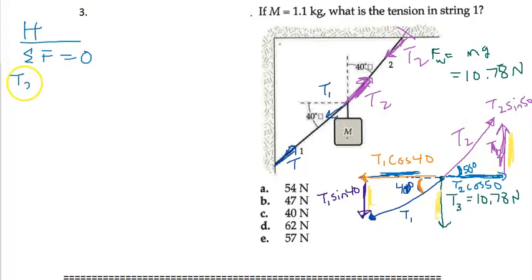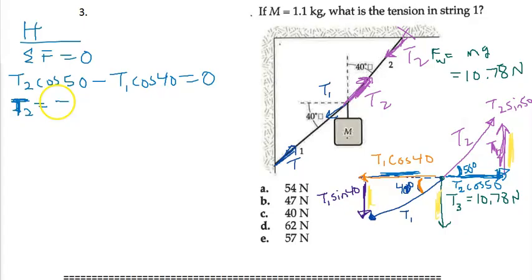So we have T2 cos 50 pointing to the right minus T1 cos 40 going left. Nobody is winning. So T2 is going to be T1 cos 40 over cos 50. We've done that a million times, so hopefully that makes sense where that came from.